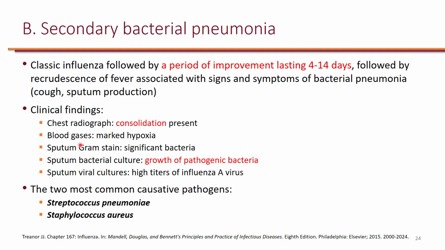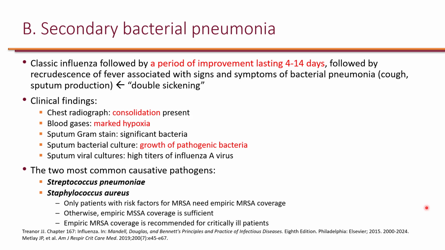And this time, on sputum culture, you will start to see growth of bacteria. Now, of course, not every patient will grow bacteria on the culture, but if you do see bacteria growing, that confirms bacterial pneumonia. Now, with infection control in the hospitals, influenza outbreak is not very common in the hospitals, so by far the majority of influenza causing secondary bacterial pneumonia is from the community. So for the most part, these are community acquired pneumonia.